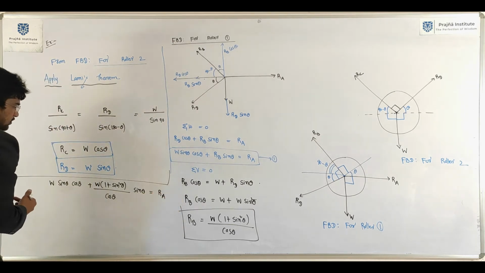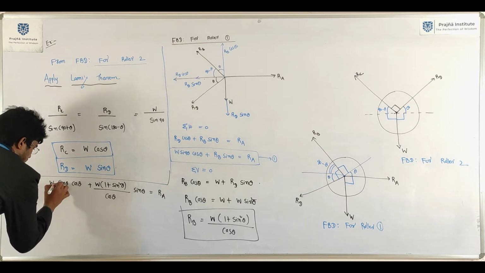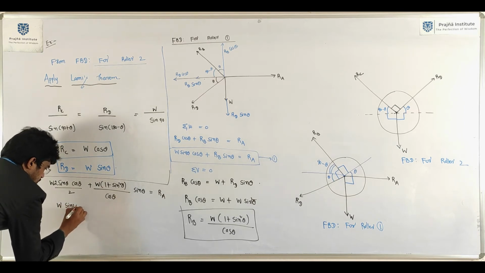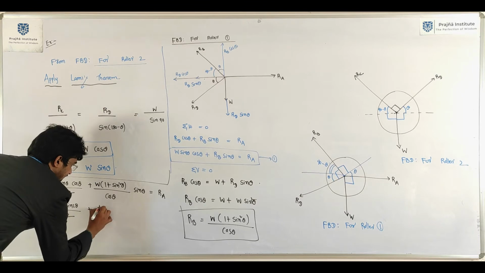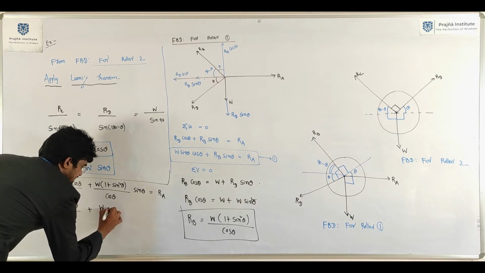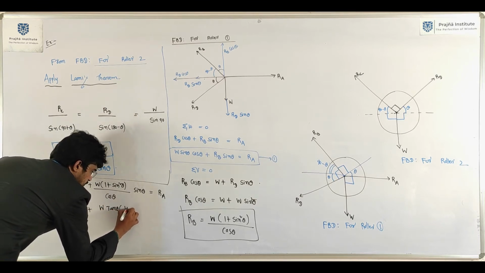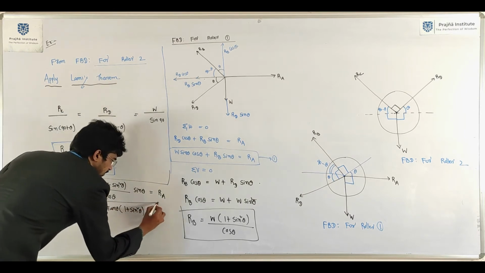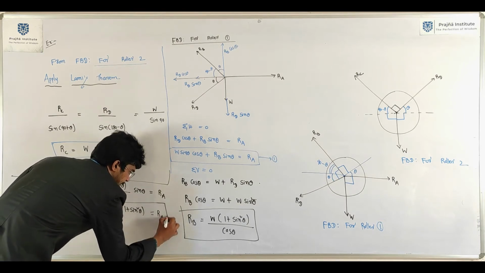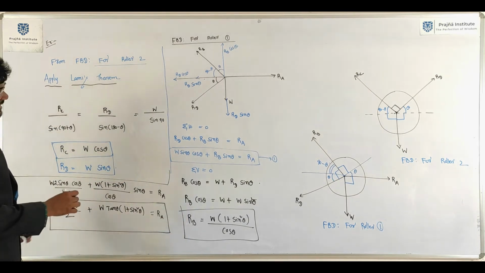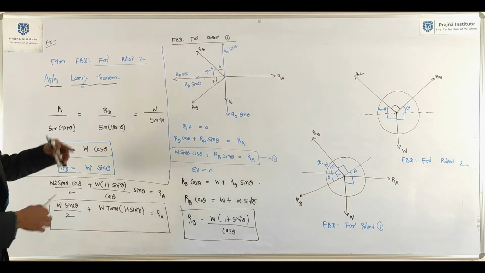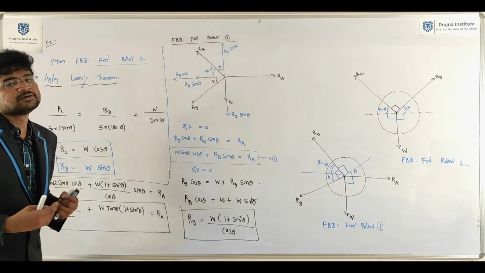So here you will get W sin 2 theta by 2 plus W tan theta into 1 plus sin squared theta is equal to RA. This is the expression for RA, RB, RC, RD. If they give angles, the calculations will become simple.